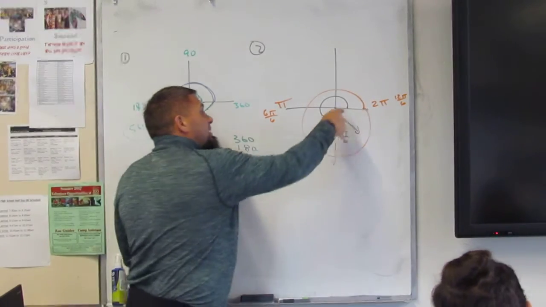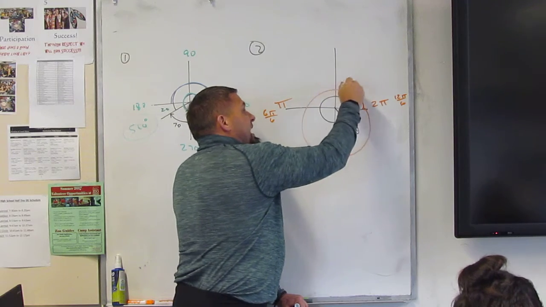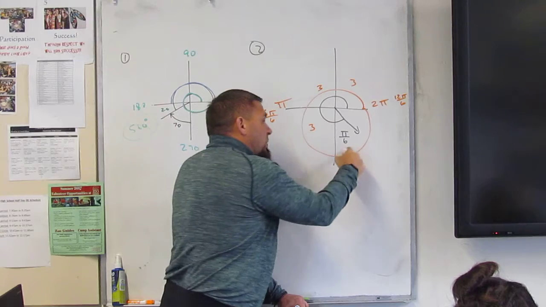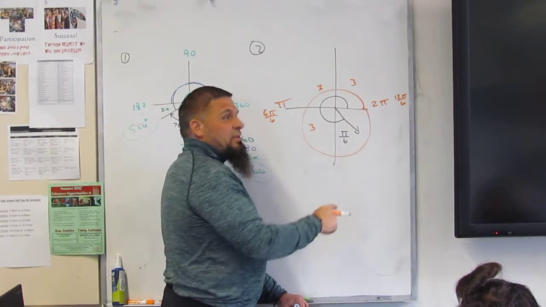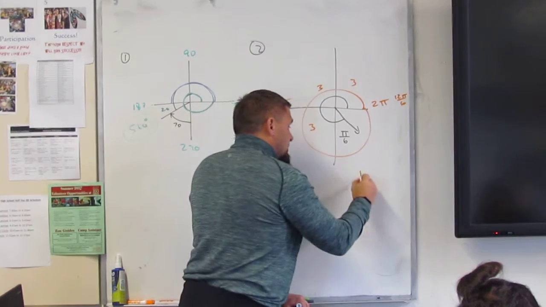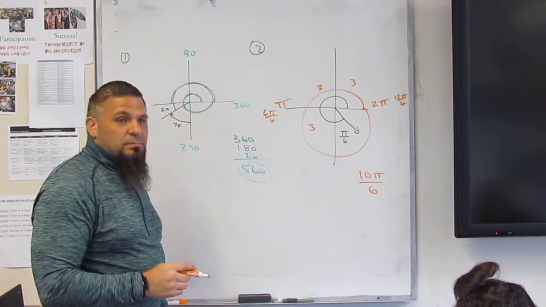So 6 pieces, which means I have 3 pieces, 3 pieces, 3 pieces, and then 1 more piece. So 3 plus 3 plus 3 plus 1, 10 pi over 6. Okay?